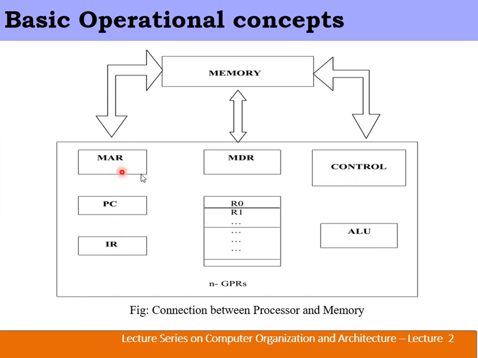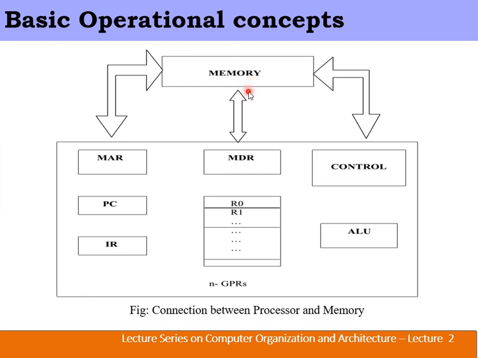The other boxes we have mentioned are registers, namely IR, PC, MAR, MDR, and a certain set of GPRs. GPRs indicates general purpose registers. This is the control unit and this is the arithmetic logic unit. These are the things available in a processor, and outside the processor we have the memory.